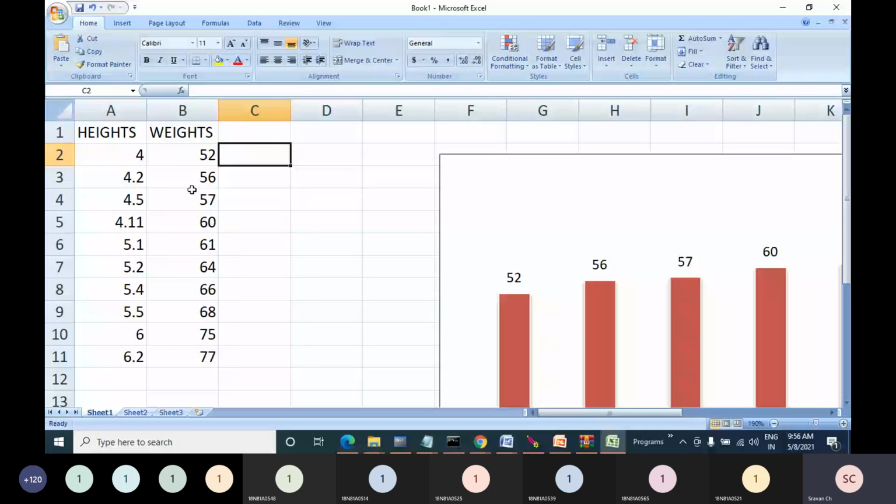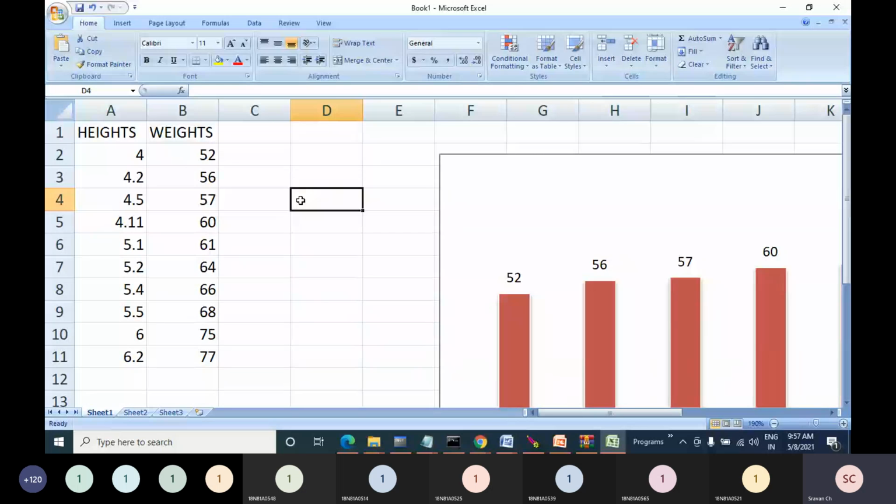Let us assume I got this information from a doctor, like what should be the valid weight for a height. If height is 4, weight should be 52. Let us assume they are correct. Now what do you mean by learning? I want to create a computer program, right? Please try to understand the question.